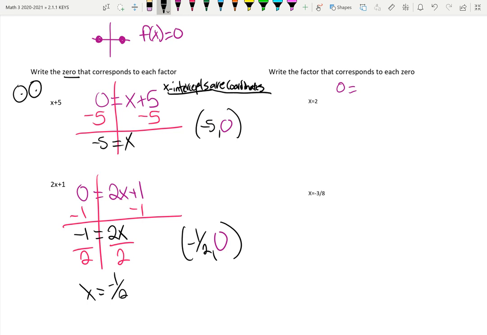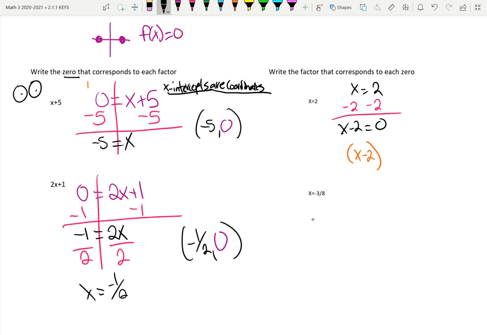So think about it this way. x is equal to 2. I need it to be equal to 0. I get x minus 2 equals 0. Notice how this is where we started here. Basically the inverse. What is the factor? Well, x minus 2 is the factor.